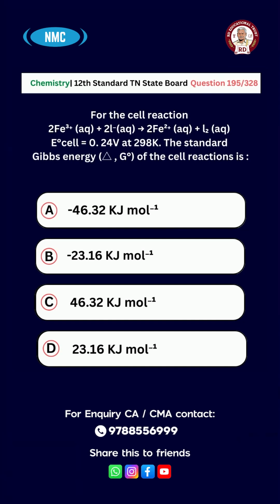The standard Gibbs energy delta G0 of the cell reaction is: Option A minus 46.32 kJ mole inverse, option B minus 23.16 kJ mole inverse, option C 46.32 kJ mole inverse, option D 23.16 kJ mole inverse. The correct option is option A, minus 46.32 kJ mole inverse.